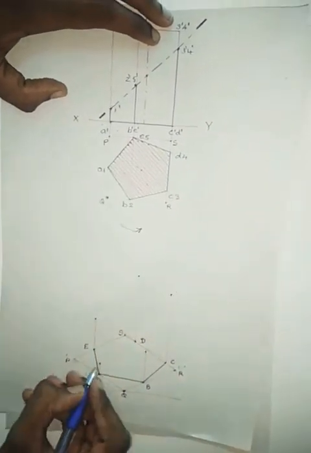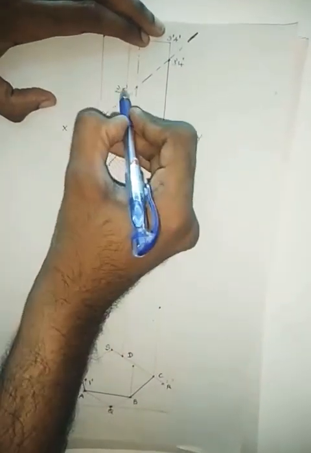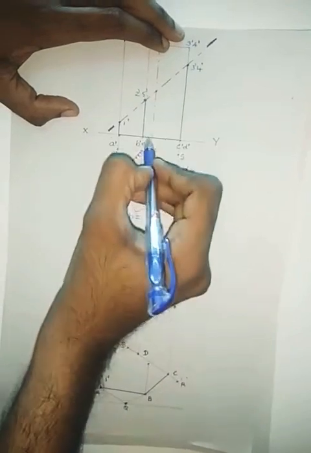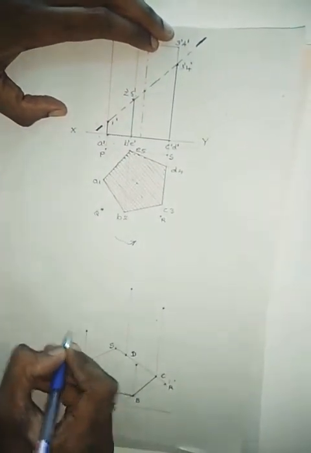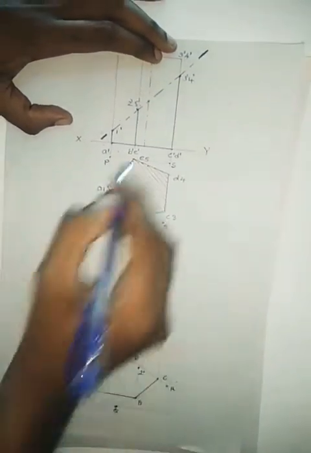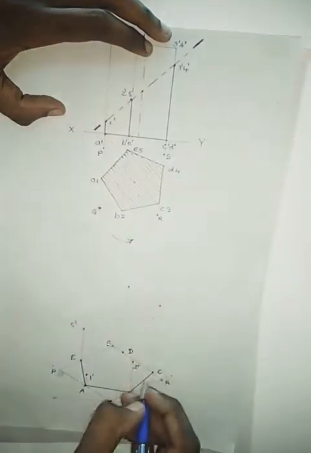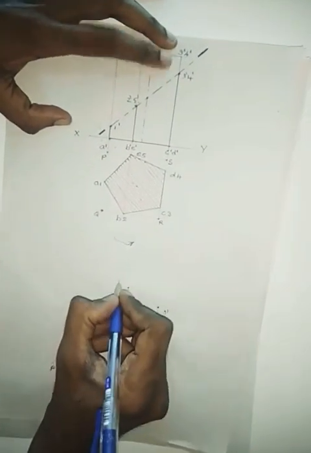Whatever this distance is, you mark it here, and you will get 1 dash. Next, from B, take the distance from XY till 2 dash, and the distance from XY till 5 dash. Both these distances are identical. You take it from B, you take it from E. That is 5 dash and this is 2 dash. Similarly, the distances of 3 dash and 4 dash should be marked from C and D. We will be getting 3 dash here, and 4 dash here.